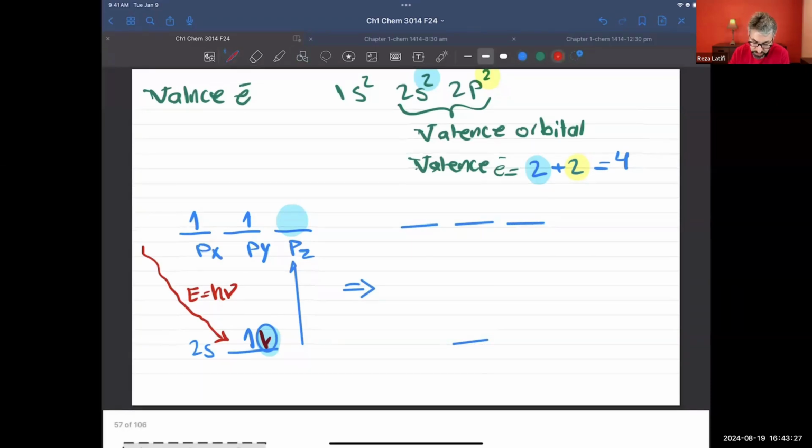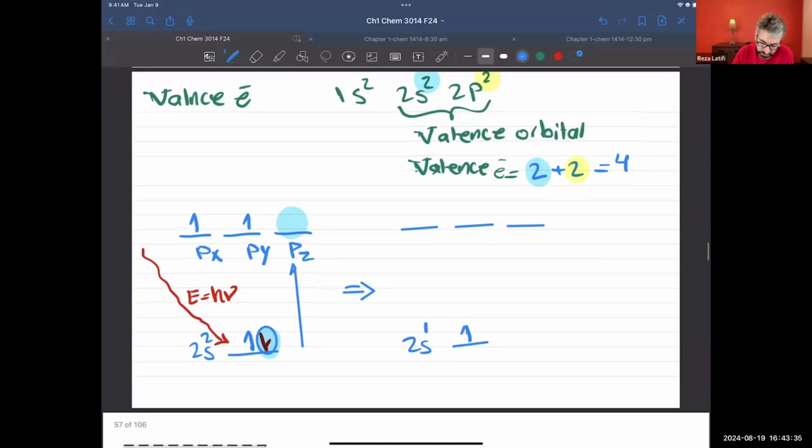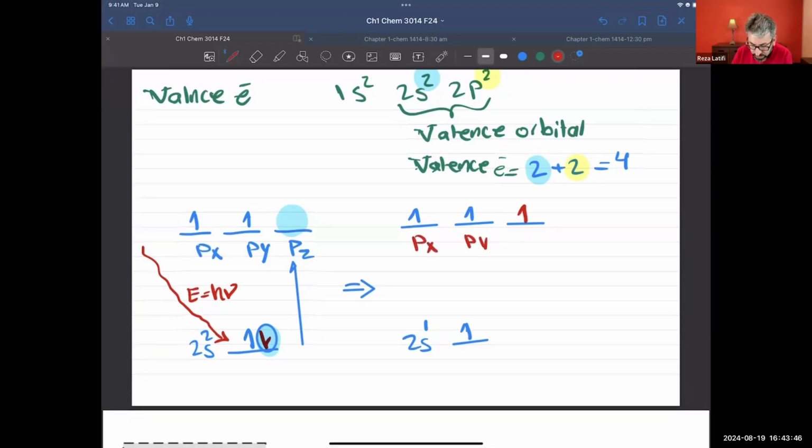But we lost 1 electron, so there's 1 electron pointing down. This is 2s with 1 electron; it used to be 2. Now in the p orbitals, I got a new one, pointing up, which used to be pointing down. This is px, py, and pz. Technically, I have 3 p orbitals.